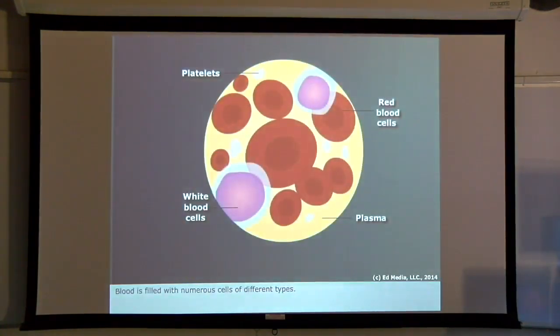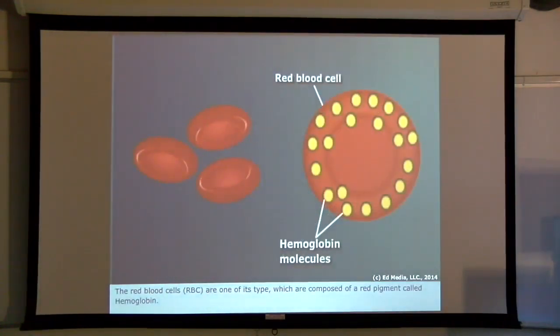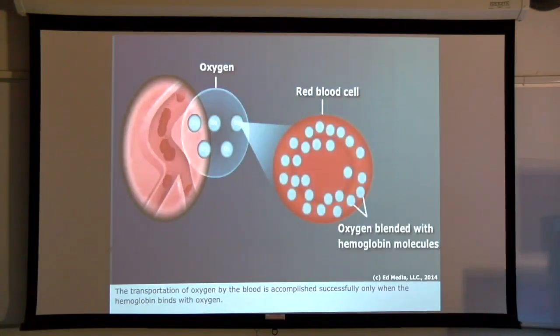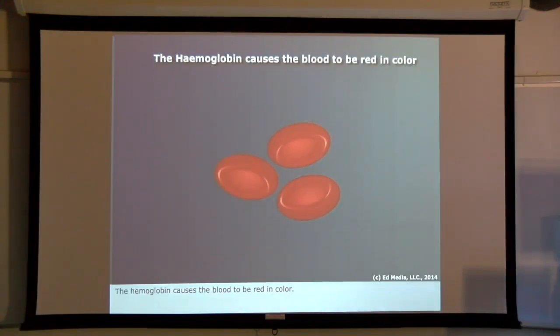Blood is filled with numerous cells of different types. The red blood cells are one of its types, which are composed of a red pigment called hemoglobin. The transportation of oxygen by the blood is accomplished successfully only when the hemoglobin binds with oxygen. The hemoglobin causes the blood to be red in color.